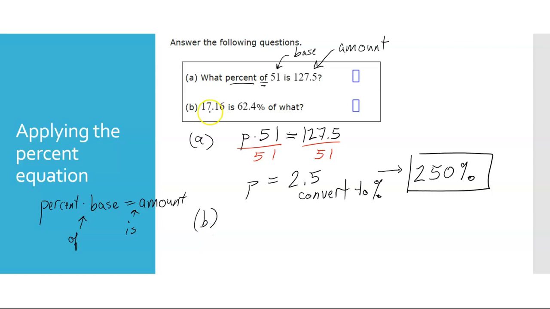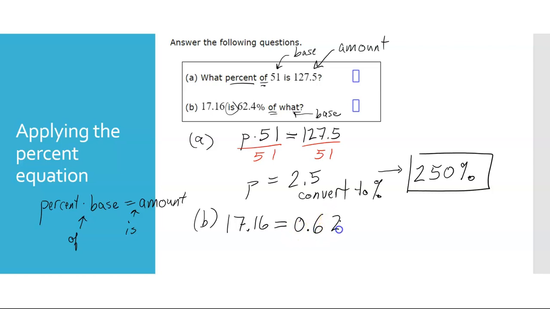For part B, we have 17.16 is, there's my equal sign right there, 62.4% of what? So what we're missing in this problem is the base. Applying the equation, we have 17.16, which is the amount, is, that's my equal sign, 62.4%, which I convert to a decimal so I can use it.